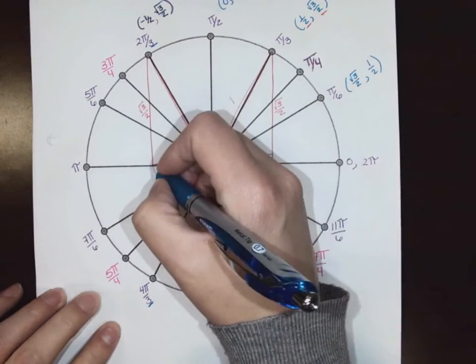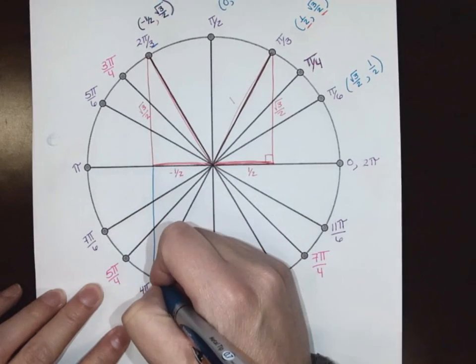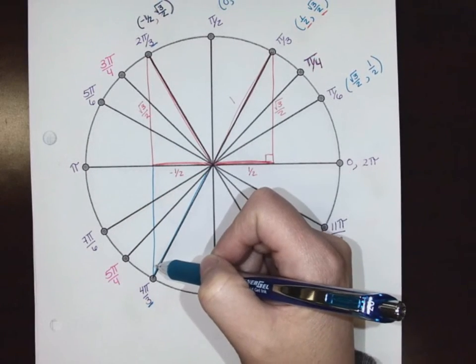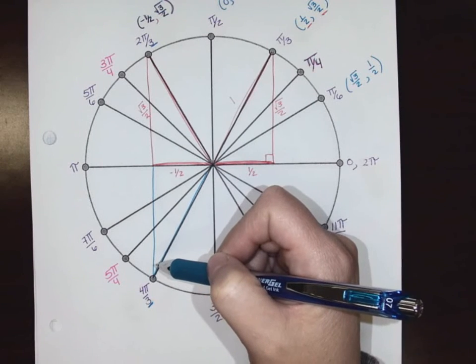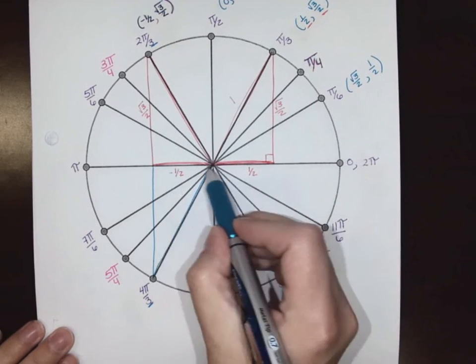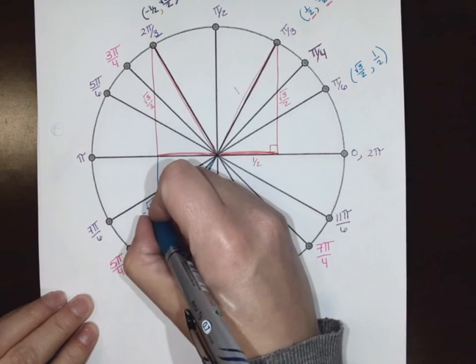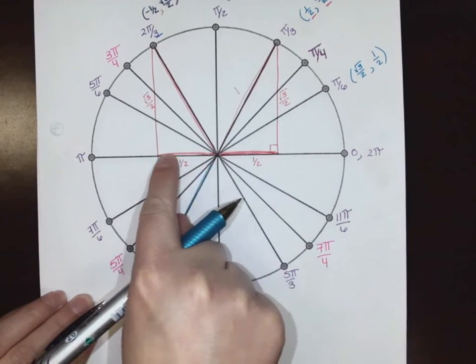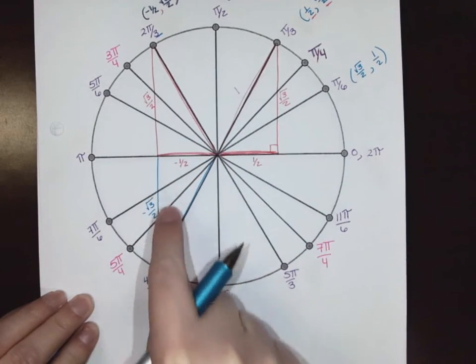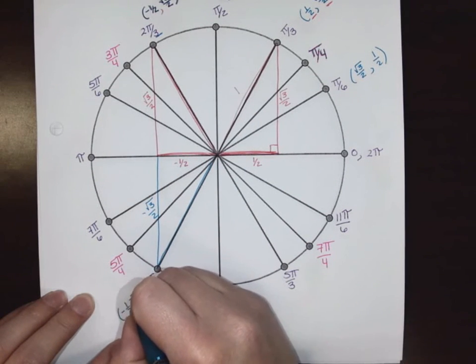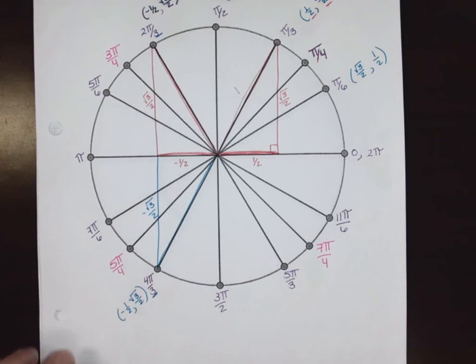If we go back down, look at this triangle that I'm drawing in here. What's the height? Now we're going down, so it's going to be negative root 3 over 2. My base is negative 1/2, so this would be negative. So there's your x value, there's your y value. So this one's going to be negative 1/2 and negative root 3 over 2.